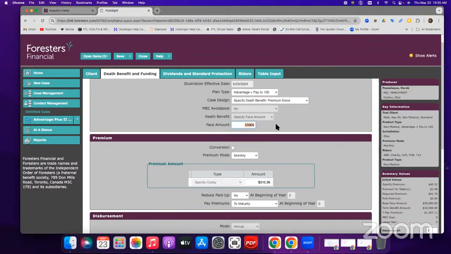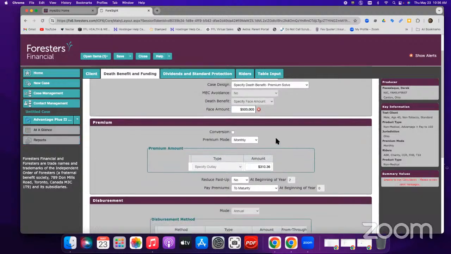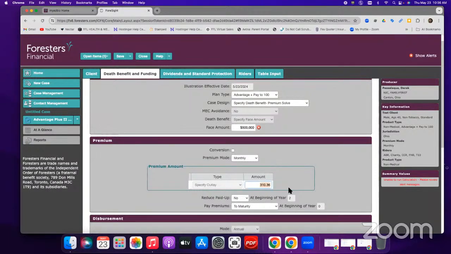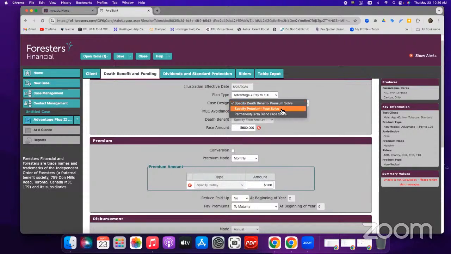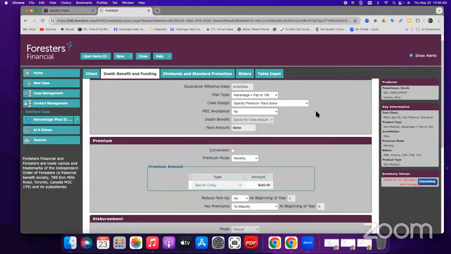Okay, so death benefit will make, I believe, 500,000 was the example the gentleman gave last night, and that should give us a specified premium base of $420. Sometimes their illustration, okay. So 420, get this, 302.